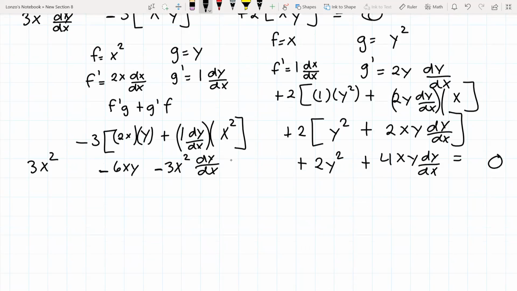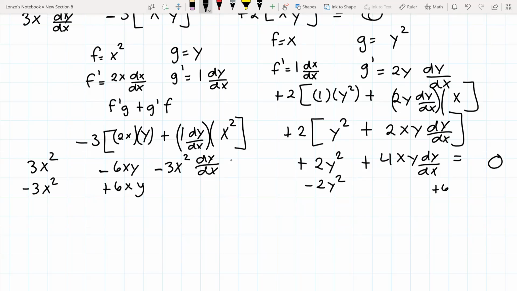What I'm going to do is get anything with the dy dx on one side, and anything that doesn't have one, move it to the right. First off, could we collect like terms? No, we can't. So I'm going to move this 3x squared to the right, and move this 2y squared to the right as well, and add this 6xy to the right.